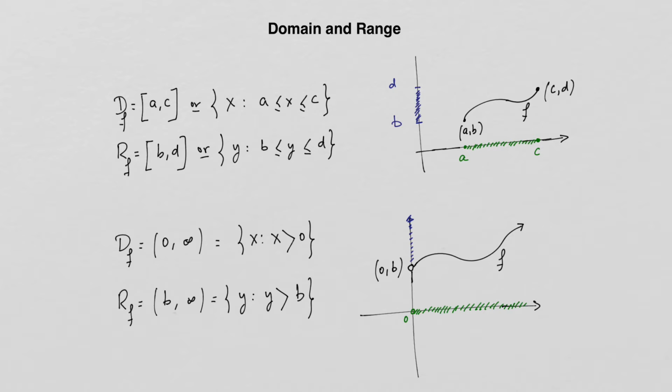How do you write it? You could write it in interval notation, or you could write it in set notation. You have a choice. So the way we say it is the domain, capital D, subscript the name of the function, in our case it's f. Domain of f is the interval from a to c, inclusive. I put brackets. If you put parentheses, that means you don't include that endpoint.